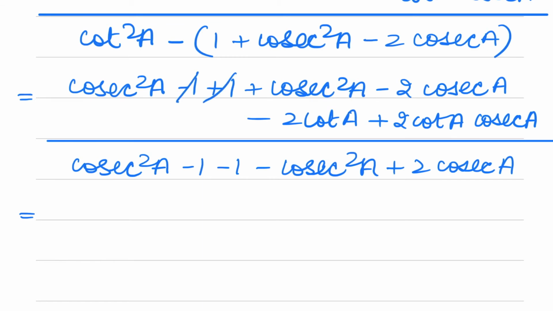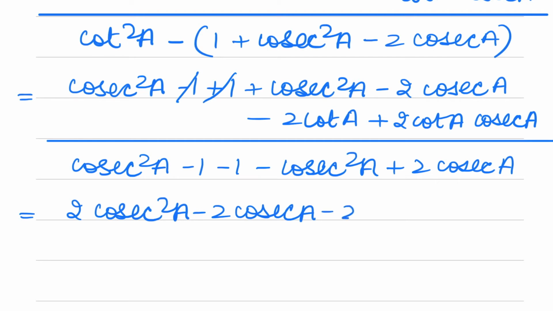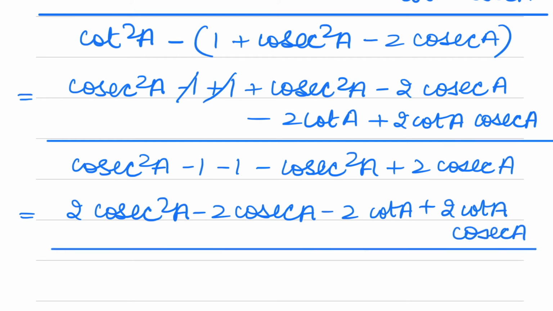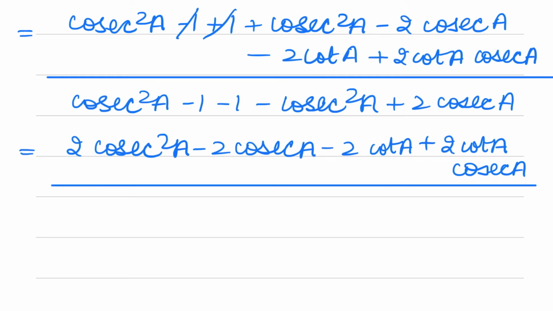Now here minus 1 plus 1 gets cancelled and I get 2 cosec square A minus 2 cosec A minus 2 cot A plus 2 cot A cosec A divided by cosec square A, and cosec square A gets cancelled and I can write down here as twice cosec A minus 2.